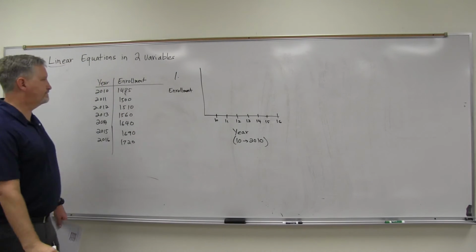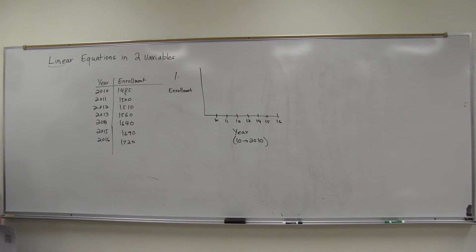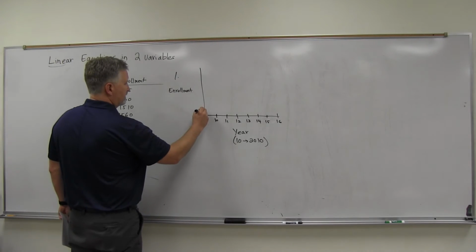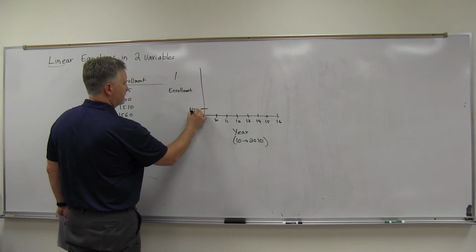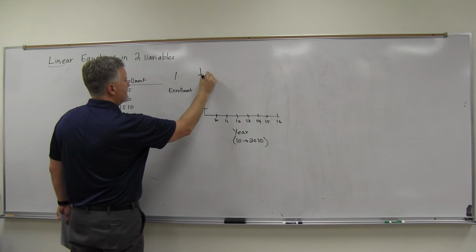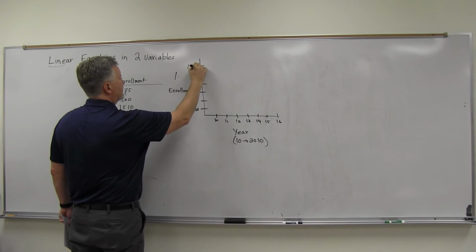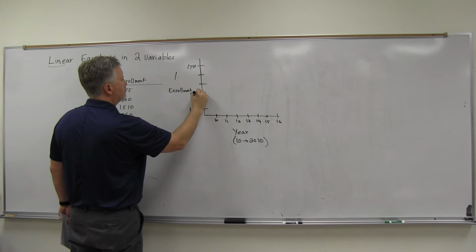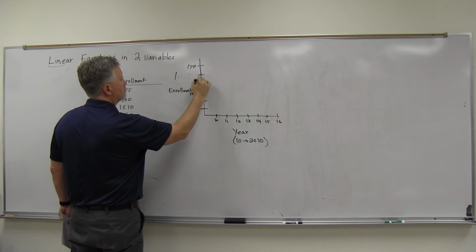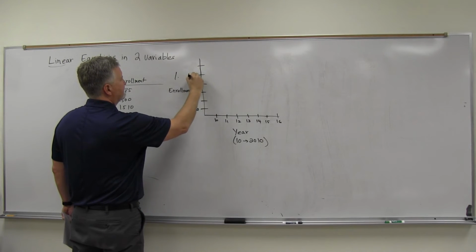And then our enrollment will go on this side. Yeah, we got basically 1400s to 1700s, so probably should mark that off by 50s, something like that. So we'll start here at 1450, and then 1500, 1550, 1650, 1700, and 1750. Did I do that right? No, I didn't do that right.